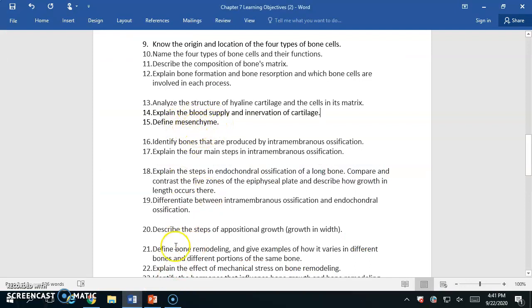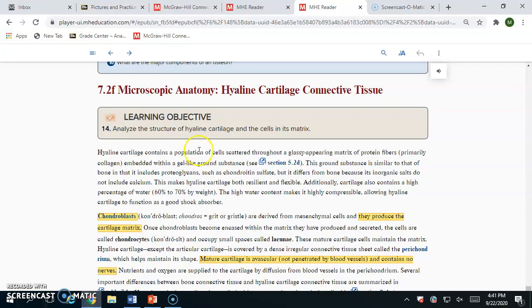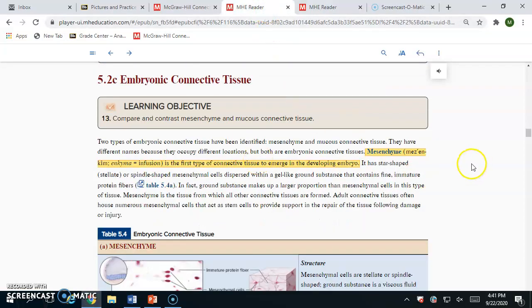I went back to chapter 5, which is on the tissues, because that's where they talk about mesenchyme. You don't have to know a whole lot of information about it. When we talk about it as the scaffolding or beginning framework for bone formation, we just want you to know what we're talking about when we say mesenchyme.